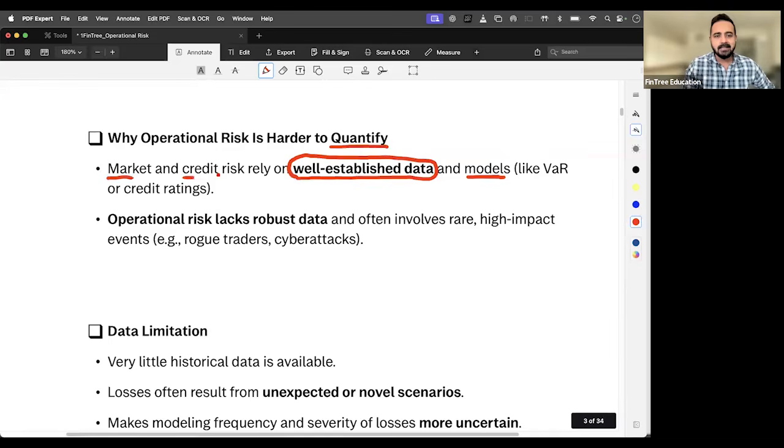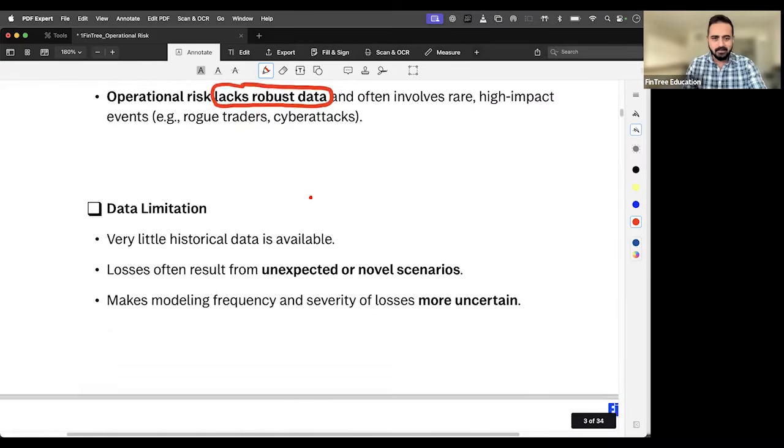So the other 2 risks are easily quantifiable because of the data available, but operational risk lacks any robust data, because we know that these are low frequency but high magnitude events. Don't happen all the time, but when they happen, they are of sizable nature. So data availability is a big concern in operational risk, and therefore a lot of estimation and modeling is required, which we will see in the subsequent section.